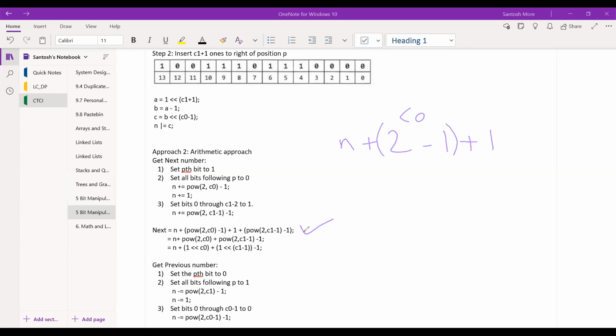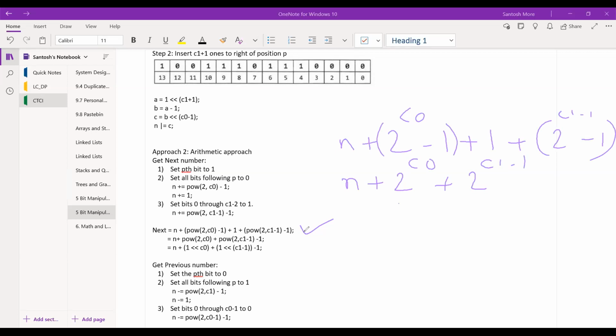Then we have 2 raised to C1 minus 1, and again we subtract 1 from that. If we evaluate this whole function, what we get is n plus 2 raised to C0 plus 2 raised to C1 minus 1.